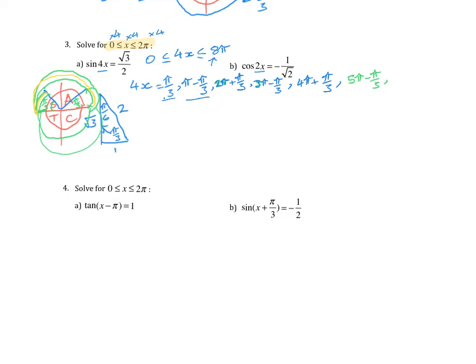And then keep going, and I've made it all the way around 6 pi now. But I still need to go around one more time to get to 8 pi. So now I'm at 6 pi plus pi on 3 again. Oh, sorry about all the changes. And then 7 pi minus pi on 3.